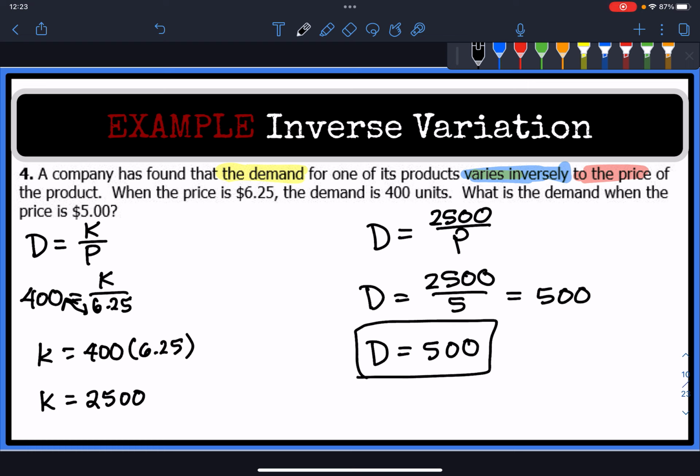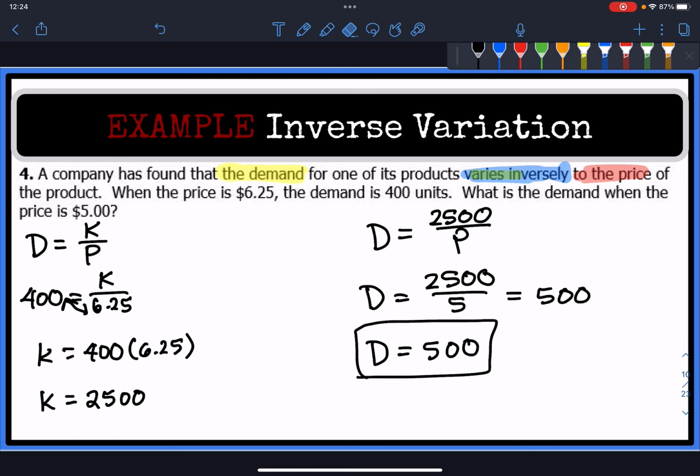So there are a lot of other variables that we can change, and we can make this problem a little bit more interesting from this point on. But in this situation, we're just scaffolding and building on how to create the initial situation and determine the demand for an item that's going to cost $5 if initially 400 units were in demand at a price of $6.25.